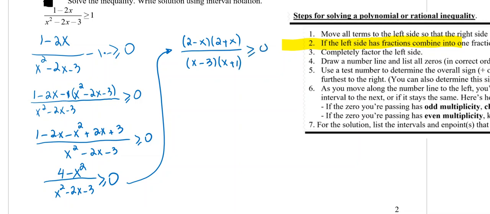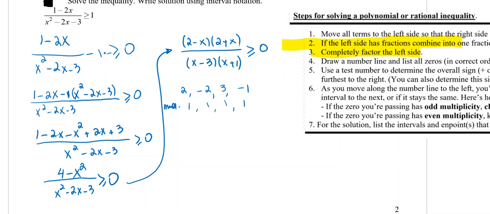And we are looking for greater than or equal to 0. So we just did this step. Then we are going to find all the zeros of top and bottom and put them on a number line. The zeros of top and bottom are 2, negative 2, 3, and negative 1. And their multiplicity for all of them is just 1.